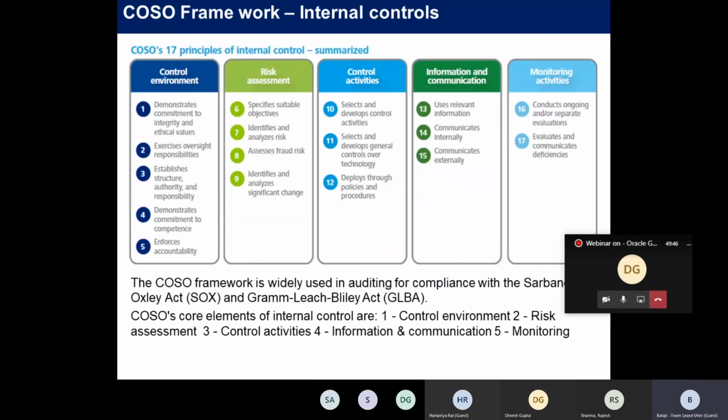Basically, we focus on controlling the environment, then controlling the activities on the environment, then risk assessment. In case there is deviation on the environment and the activities, then how to inform and communicate to the set of people, let's say through mail or SMS. Then the monitoring: we will not let people know what we are doing.